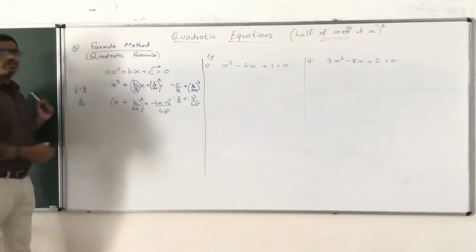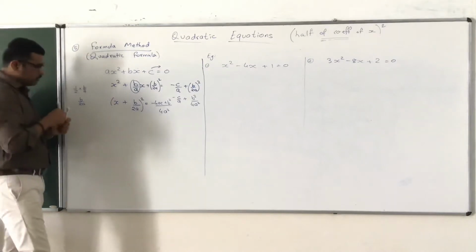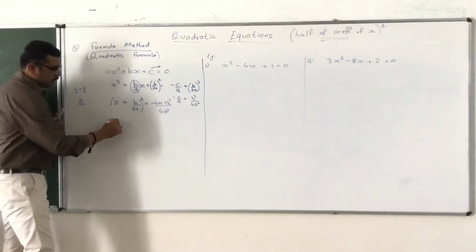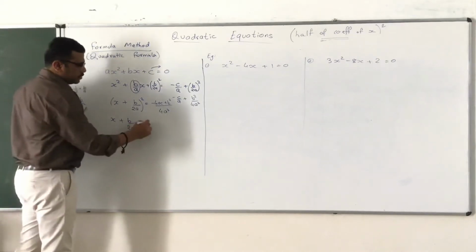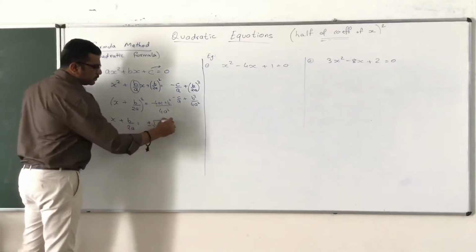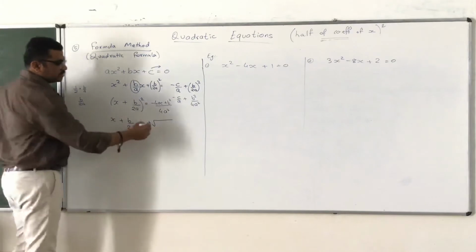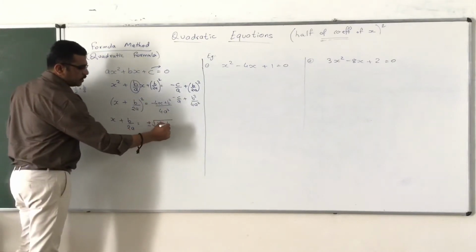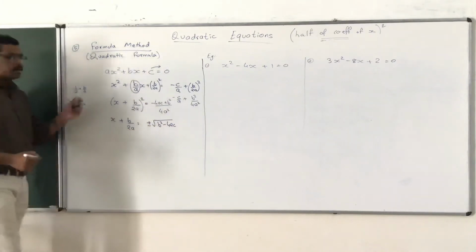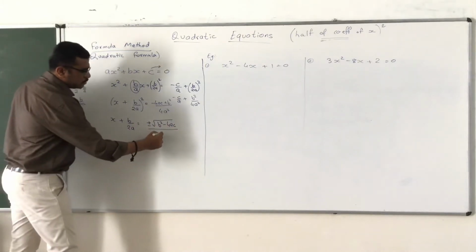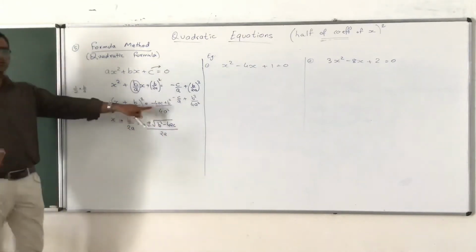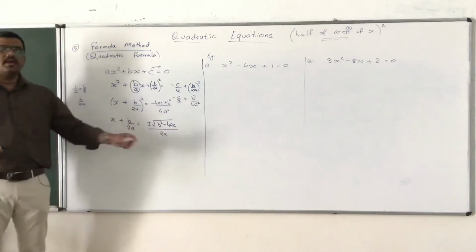Now taking the square root, we have x plus b upon 2a equals plus or minus, if I rearrange the terms and write b squared minus 4ac, it is one and the same thing, upon 2a. The square root of 4 is 2 and of a squared is a.